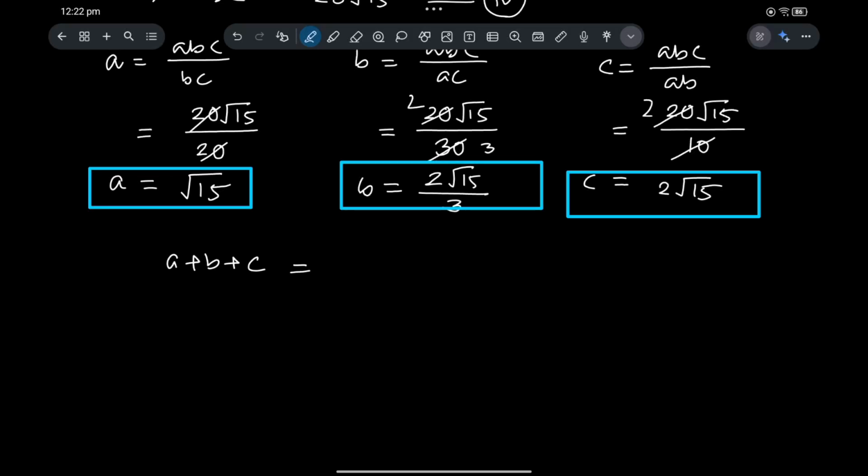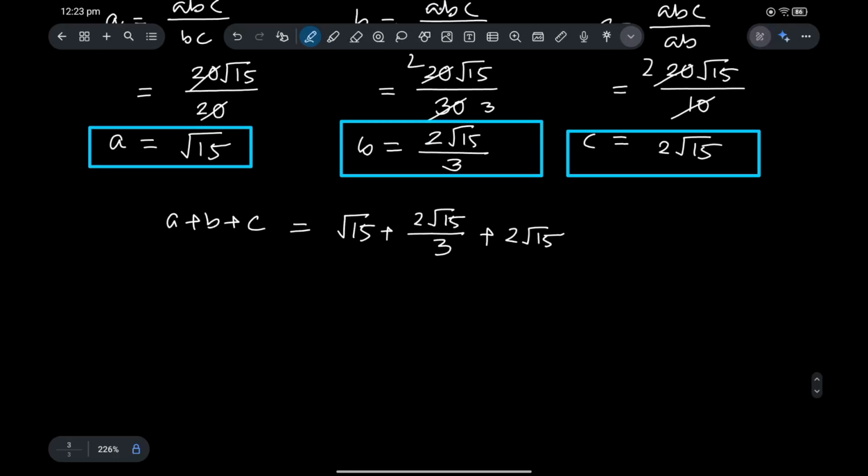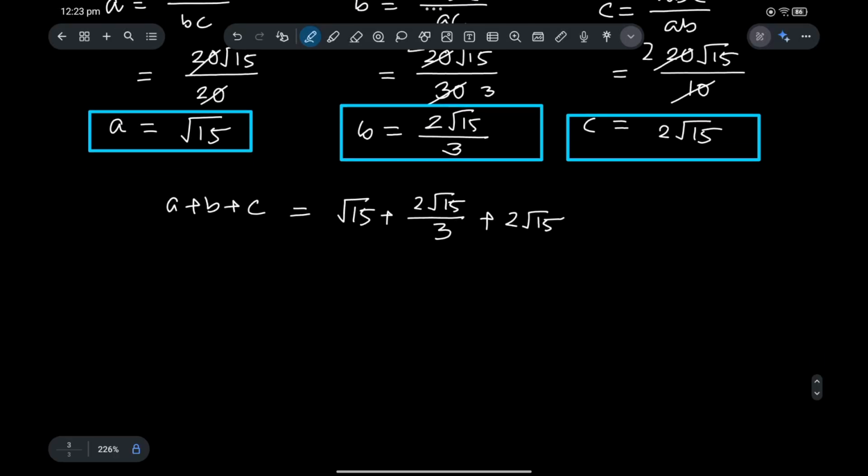Therefore A equals root 15 plus B equals 2 root 15 by 3 plus C equals 2 root 15. So take LCM as 3.